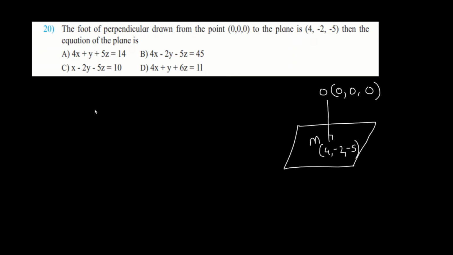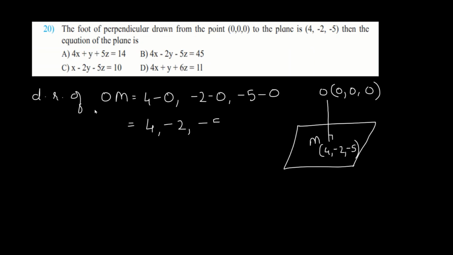So, we are supposed to find the equation of the plane in the Cartesian form. So, in this case, the direction ratios of OM are given by subtracting the coordinates of O from M. So, we have 4 minus 0, minus 2 minus 0 and minus 5 minus 0. So, we get 4, minus 2 and minus 5.